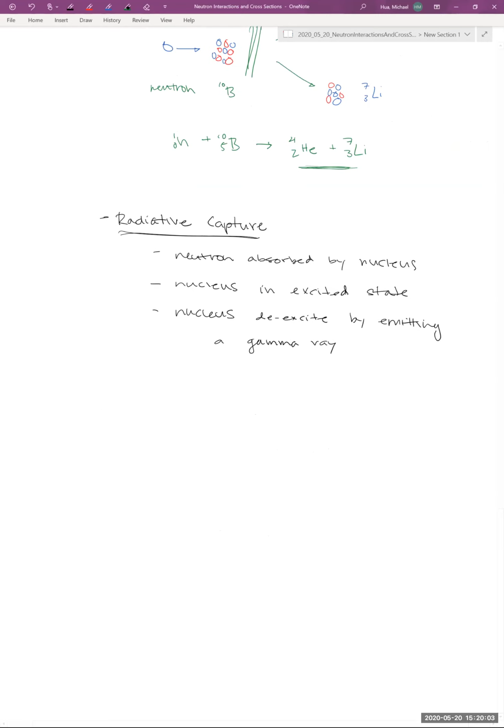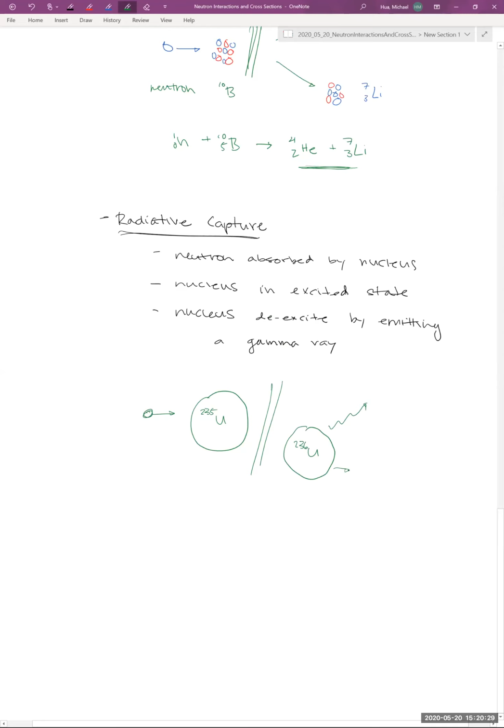So we'll draw a picture for this. We have a neutron. And this time we'll say uranium-235. And the after picture is, since the uranium eats the neutron, it's going to become uranium-236. And we have a gamma ray coming off.